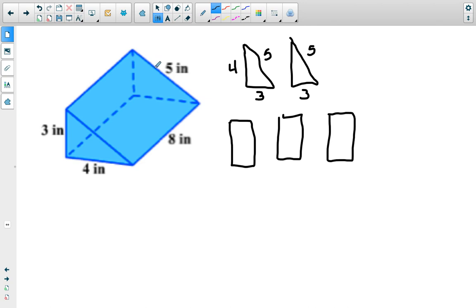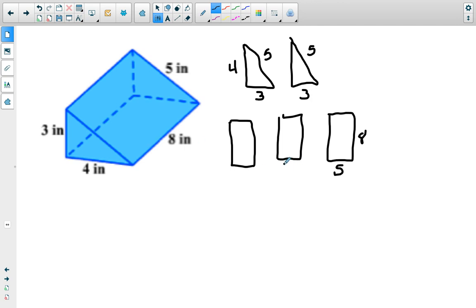This one here, we'll start with this one on top. That's all outlined in solid sides. It's 8 here and 5. So I have one that's 8 by 5. I have another one on the bottom that is 4 inches this way and 8 inches this way. That's this one right here.